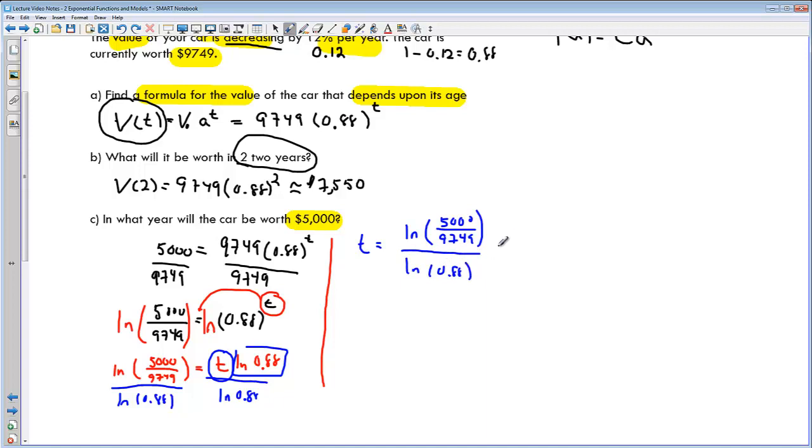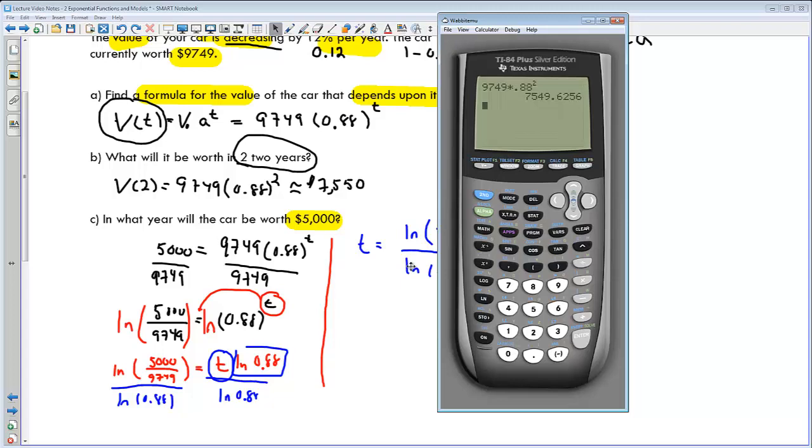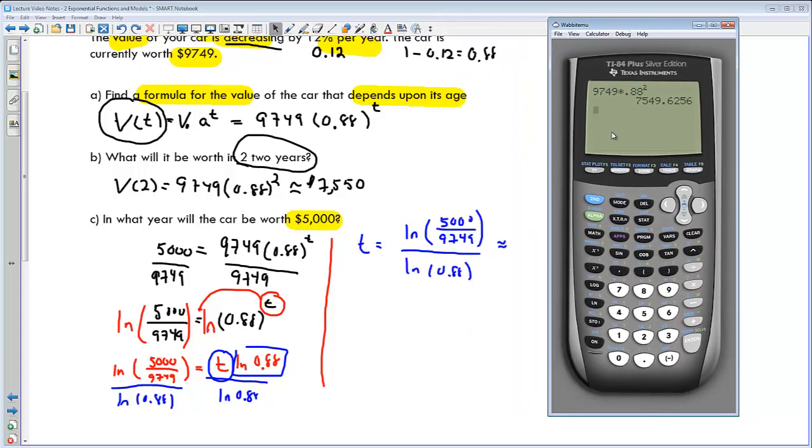Now to figure out what that is, we can approximate it with our calculator. On our calculator, I have it written down exactly here. I'll hit the ln button, so ln of 5,000 divided by 9,749 in parentheses, then divided by ln of 0.88. And it's going to spit out a number, and then I have to interpret how to use that number.